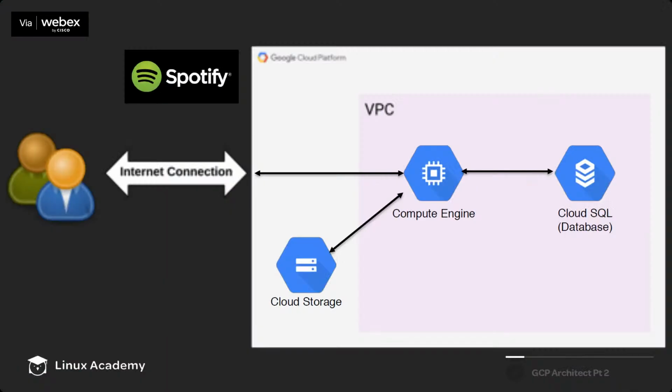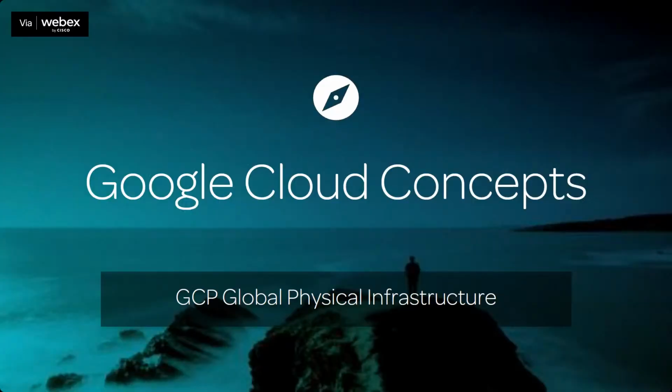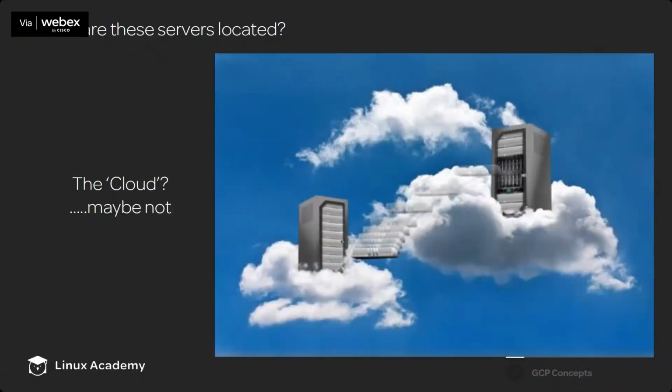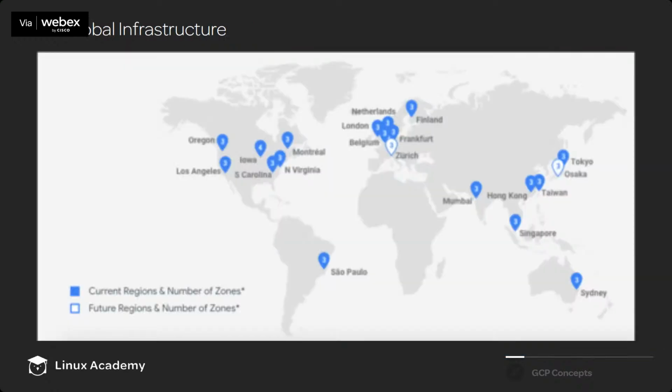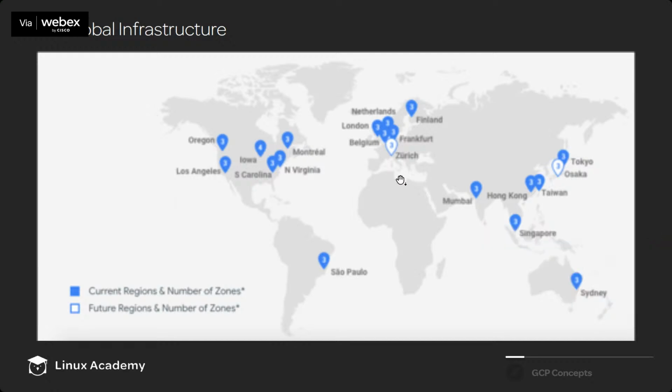So now when you put all of this together, let's take a look at the physical infrastructure. This is where I was talking about the initial concept of fault tolerance. This is probably not the most up-to-date picture of Google Cloud, but it is a representative scenario of where Google is actually located.